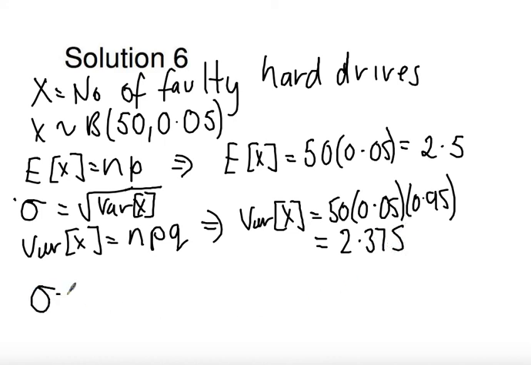And so the standard deviation, the square root of 2.375, gives us an answer of, to 2 decimal places, 1.54.